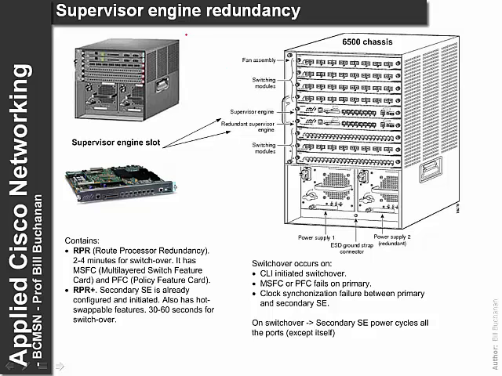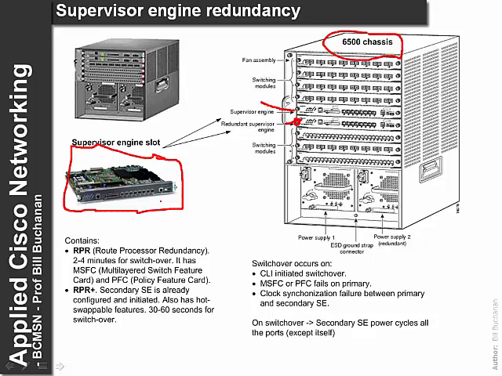The supervisory engine redundancy allows us to switch in an additional supervisory engine into one of the slots. So we can see here, this is the slot for the main supervisory engine for a 6500 chassis switch, and we would plug in our redundant switch engine here.